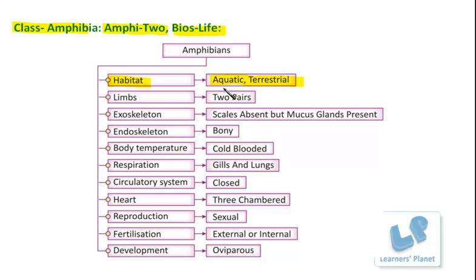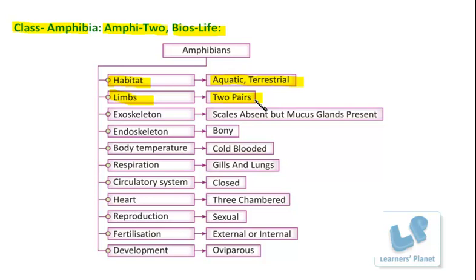Right. So if they have such different types of habitat and different types of habits, definitely they should be adapted for these lives. And for such things, the limbs are adapted. There are 2 pairs of limbs. As I already told you, they belong to the group Tetrapoda, so they have 4 limbs.